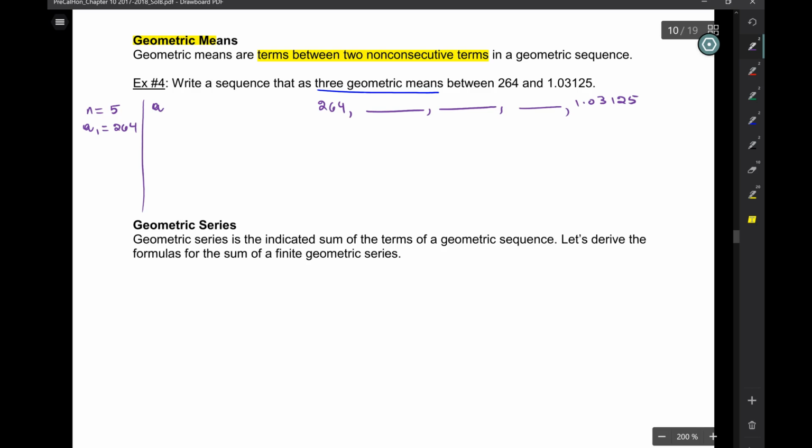Because AN is A1 R to the n minus 1. So 1.03125 is the first number multiplied by R to the power of how many? 4, right? 5 minus 1. Okay, so divide.